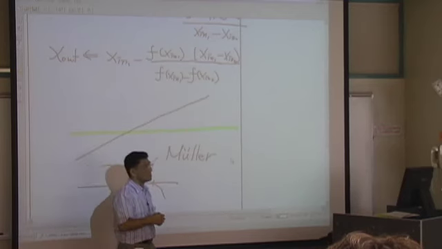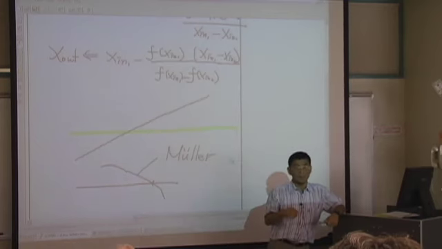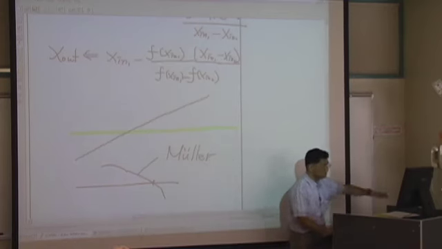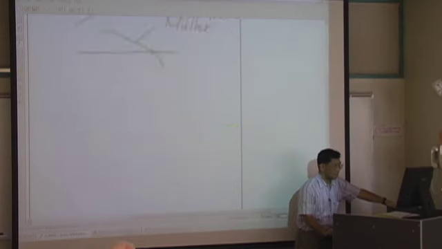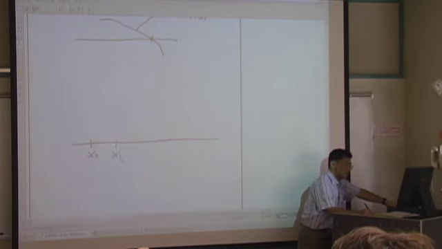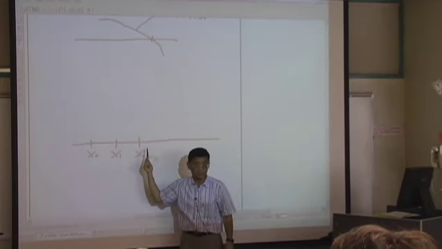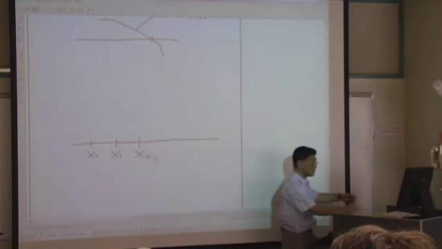Then what is the similarity and the difference? The idea part is very similar. So I will explain the idea. We initially pick 3 points, x0, x1, and x2. These 3 points are roughly our guess solutions.